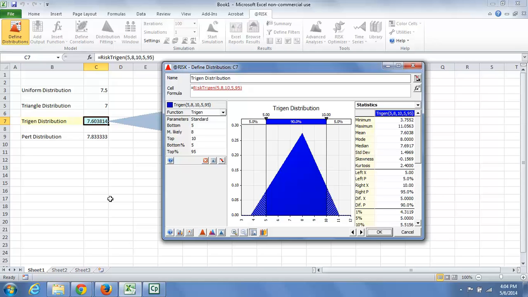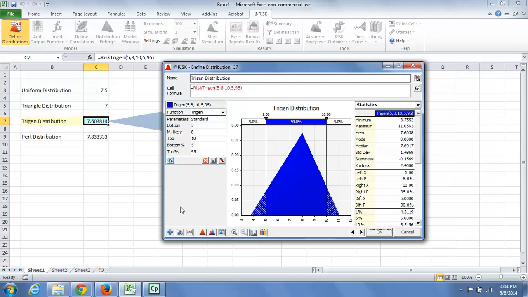So we've changed from a minimum and a maximum to a bottom and a top. And here's the other bit of the parameter information. Notice that the bottom number of 5 has a percentile associated with it. I've arbitrarily stuck in 5 percentile there. So I'm saying I don't know what the true minimum is, but I think there's about a 5% chance that it's beyond 5.